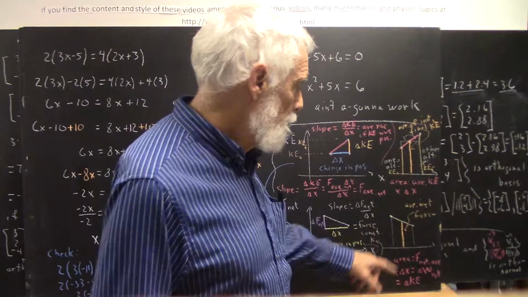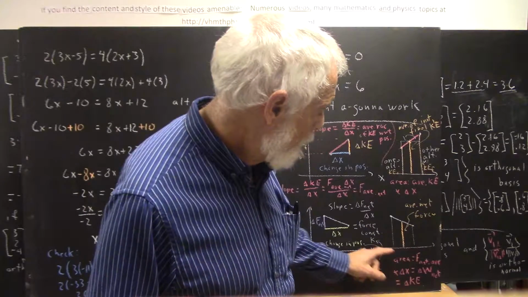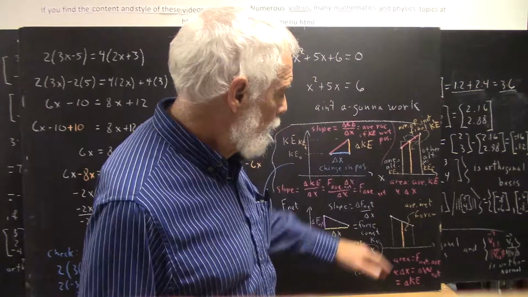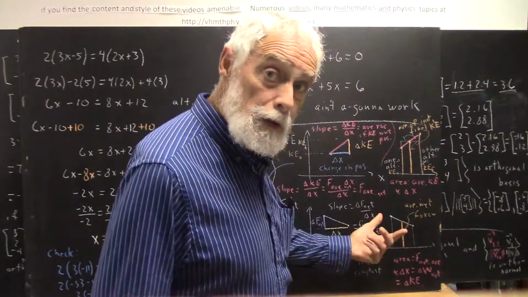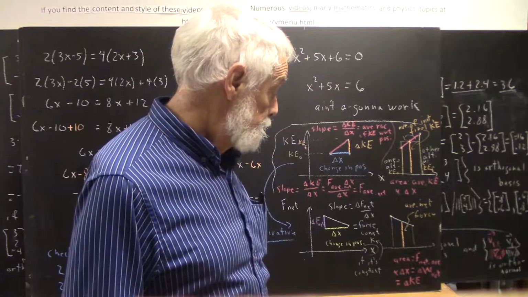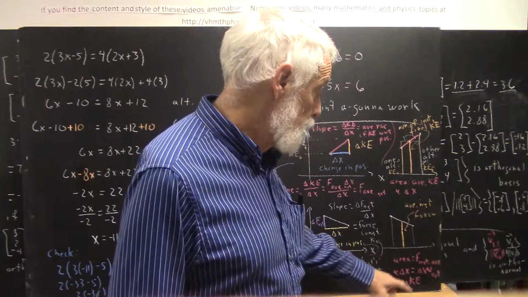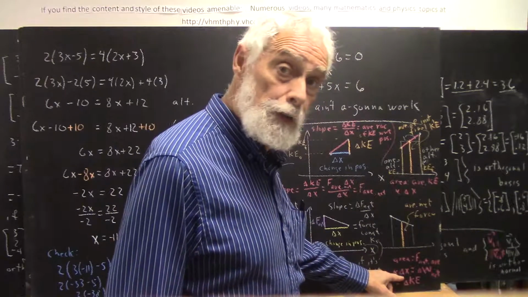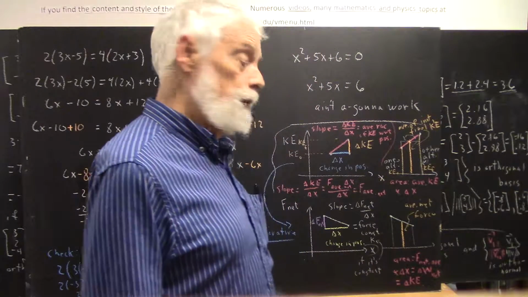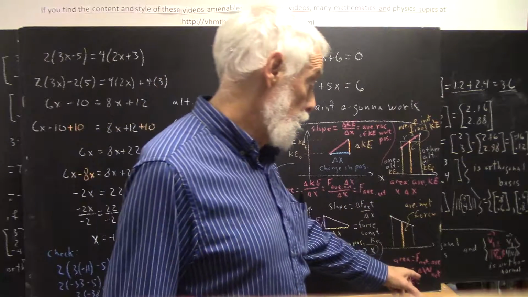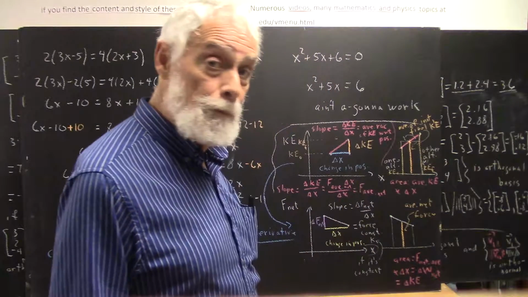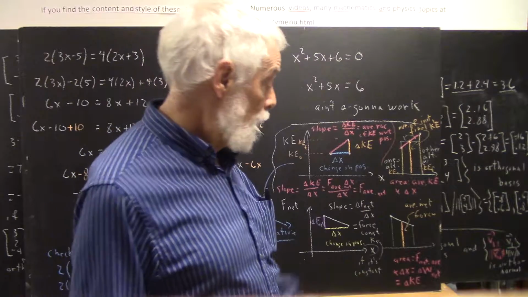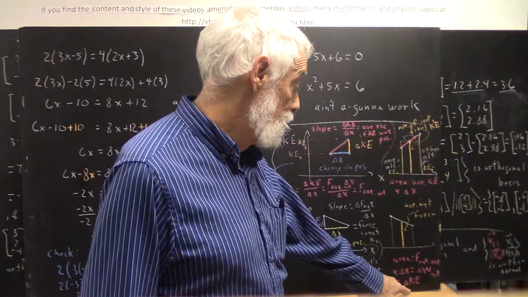If we multiply that average net force by the delta x, by the width, just as we did up here, we're going to get the area of the trapezoid. And that area is average net force times your change in position. And what's that? By darn, that's the work done by your net force.